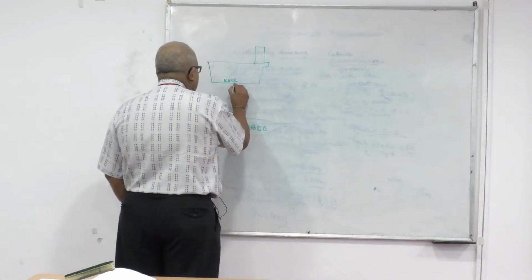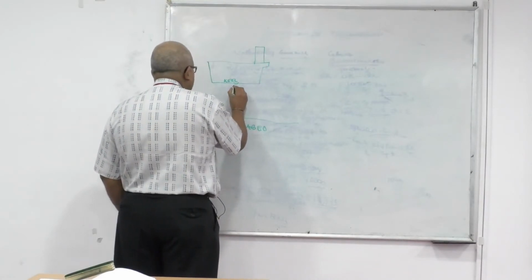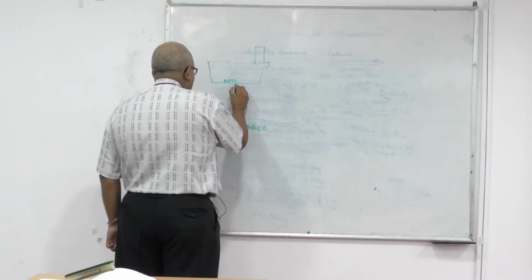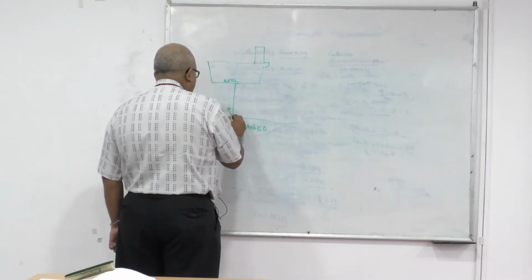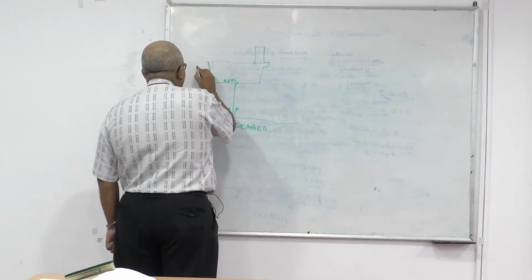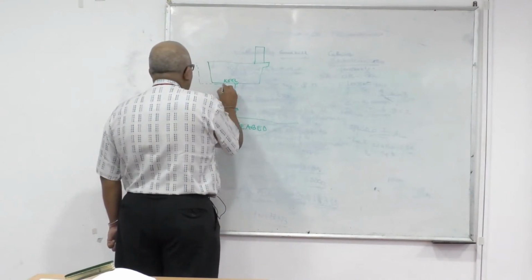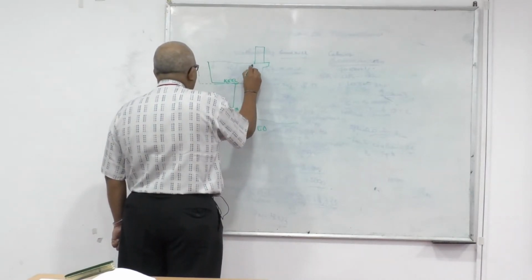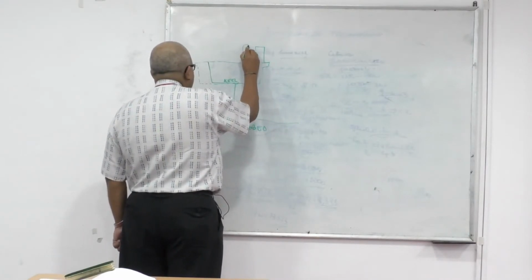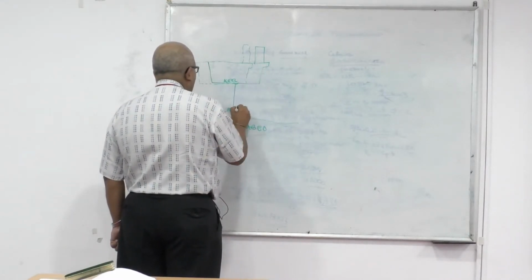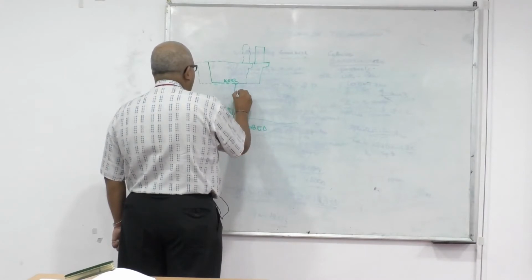This is the unit which transmits the signal to the seabed, and the waves are reflected, and as the ship moves, the waves are picked up again by the vessel.